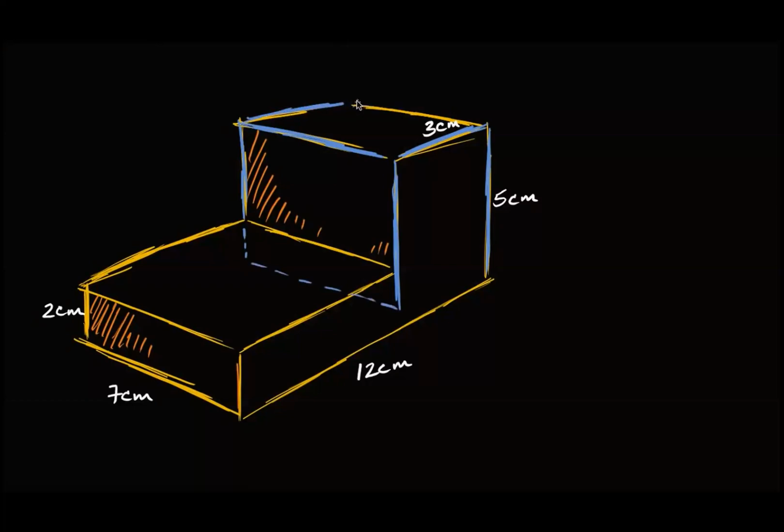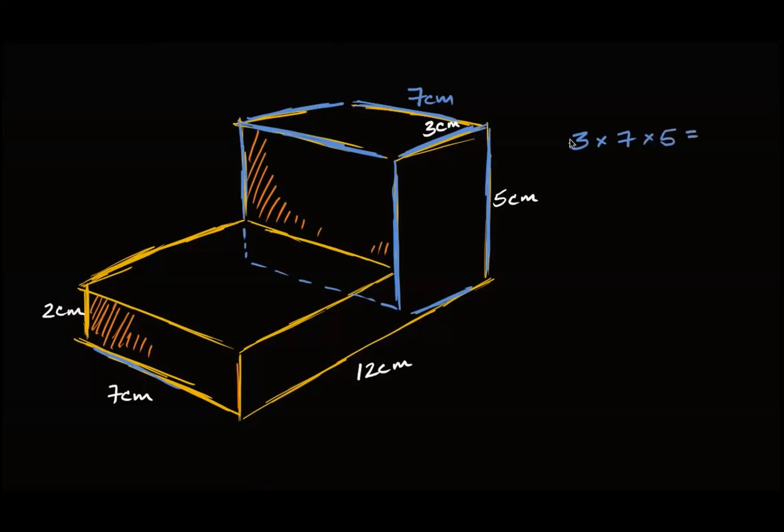So this one, once again, is 3 centimeters wide, 7 centimeters long. So this distance right over here is going to be the same as this distance right over here. So 7 centimeters long. So the width times the length times the height, which is 5 centimeters.